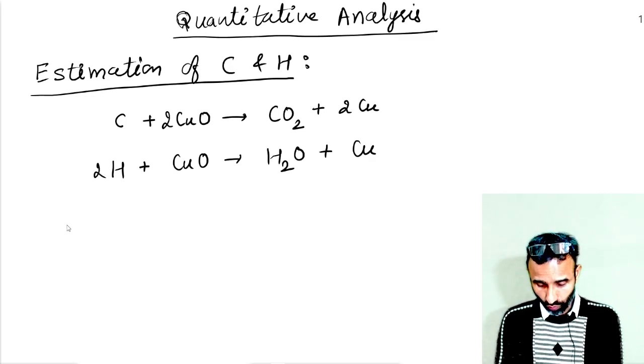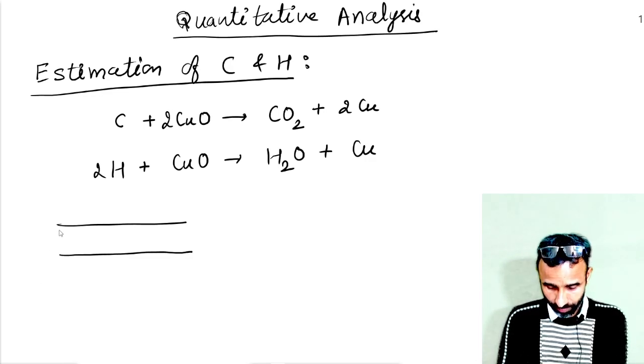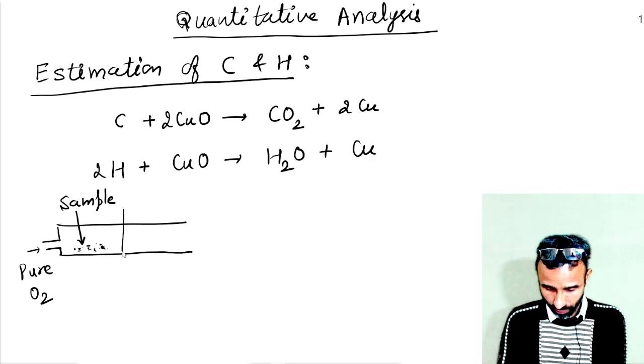So what we do, we have a tube. Here we supply pure oxygen, and we have the sample, means organic compound, and then there is a furnace which contains cupric oxide.